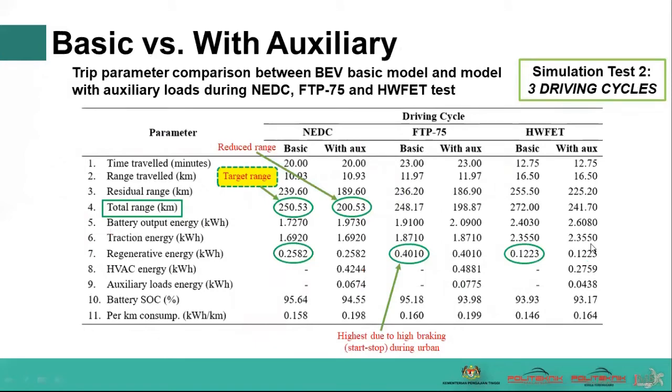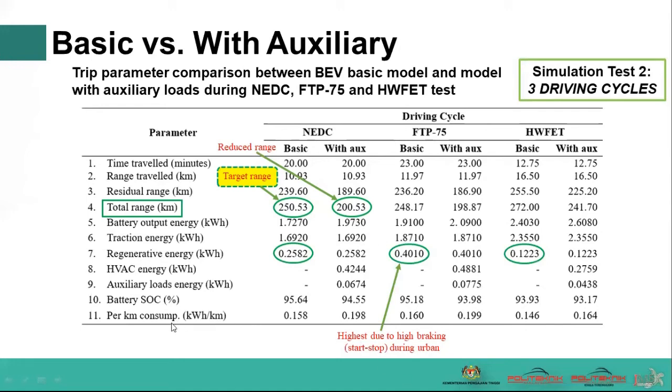When we compare the basic model, the one with and without the auxiliary load, you can see that the total range during NEDC is 250.5 kilometers, so it achieves the target range. But when we include the auxiliary load, the total range reduces to 200.53 kilometers.